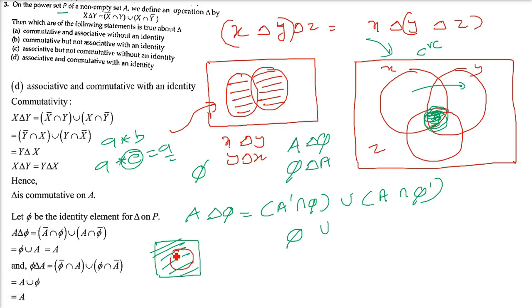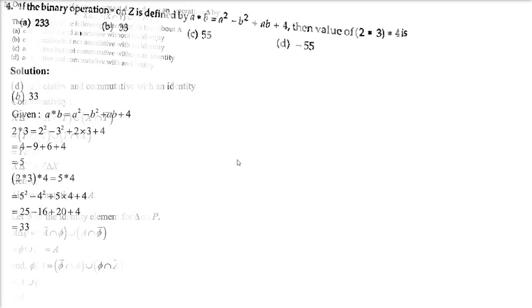And when you intersect it with set A, A will come. So phi union A, if you take the union, A will come. So when we operate A with phi, A is coming back. That is why phi is our identity. And the answer is associative, commutative, and identity. D.